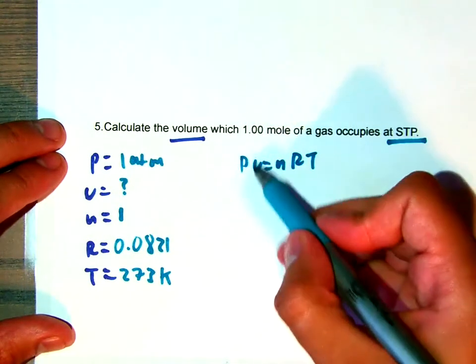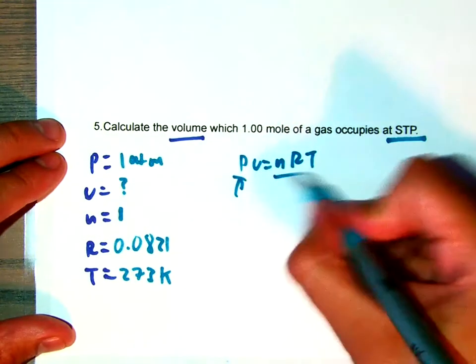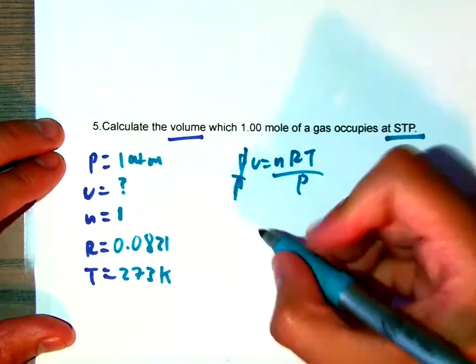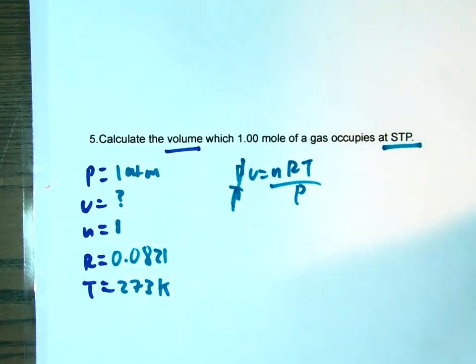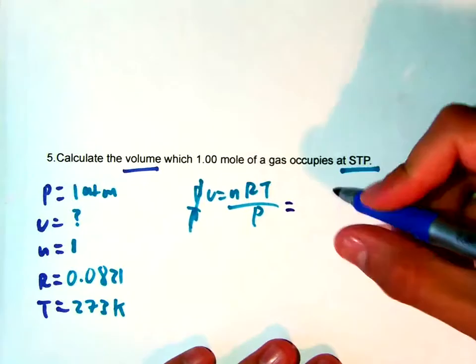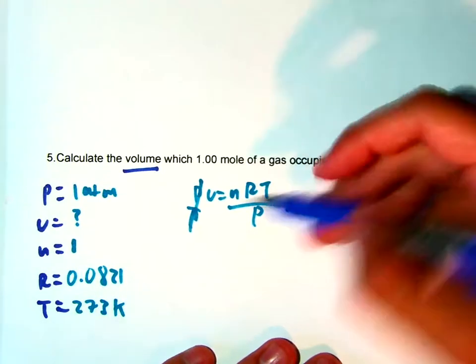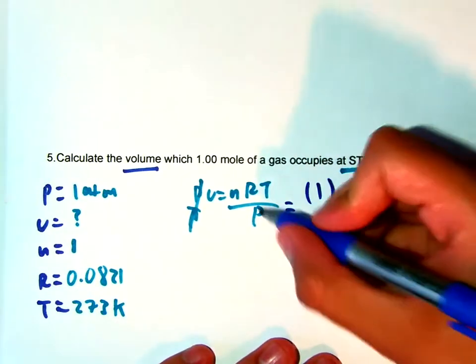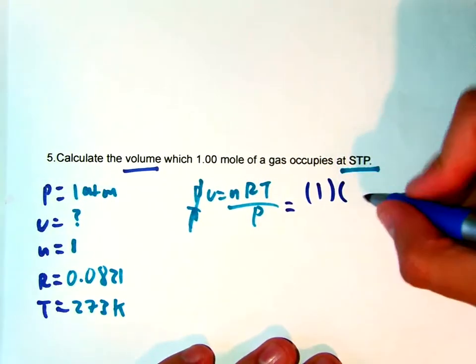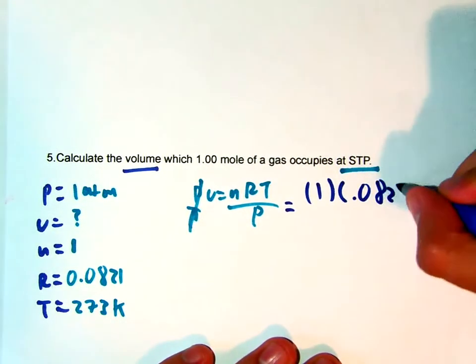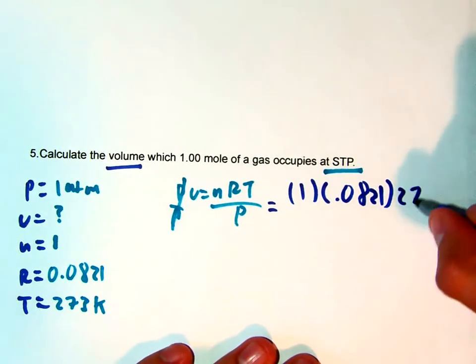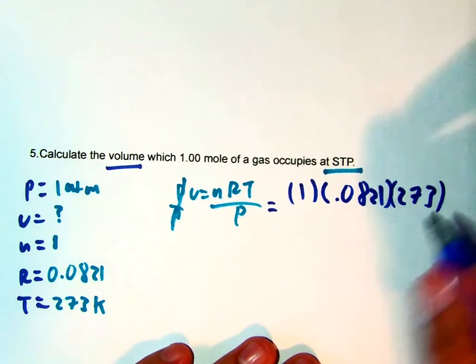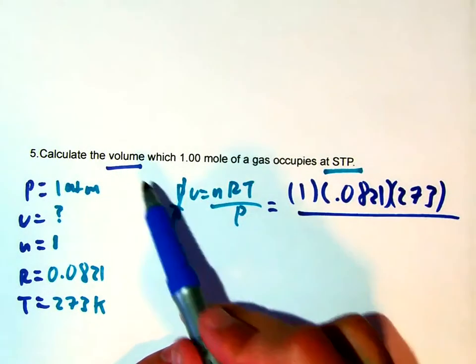All right, PV equals nRT. I want volume, so I take pressure, throw that on the other side. Cancel. Volume equals nRT divided by my pressure. Let's plug everything in and solve. I'm not going to put in any units. So I get moles is 1 times R, which is 0.0821, times my temperature, which is 273, divided by my pressure, which is 1.